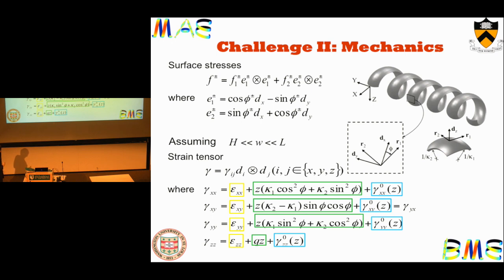These white ones are the in-plane strain components, and the green ones are the strain components related to bending, because when you bend a ribbon, there are parts that are being compressed and parts that are being stretched. So the strain here will be linearly proportional to z, the distance away from the neutral plane. And there could also be residual strains.